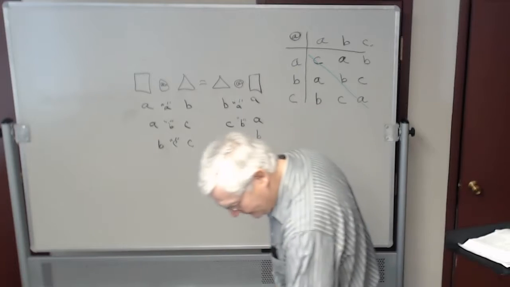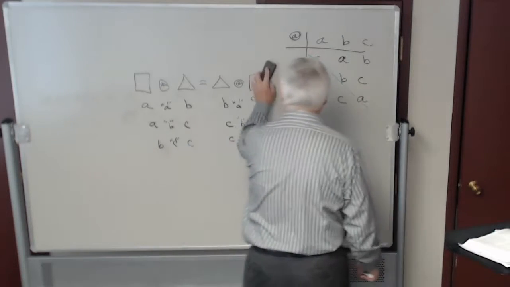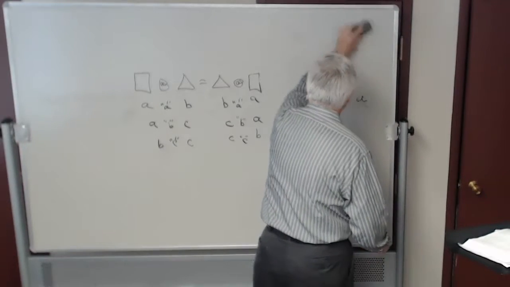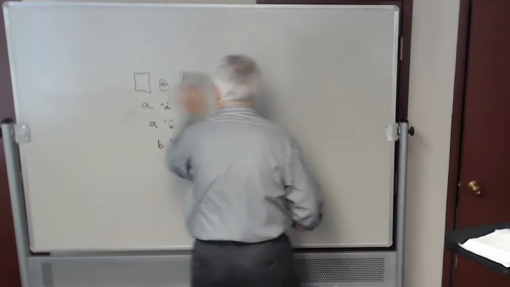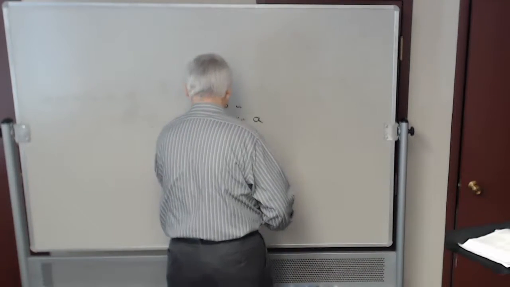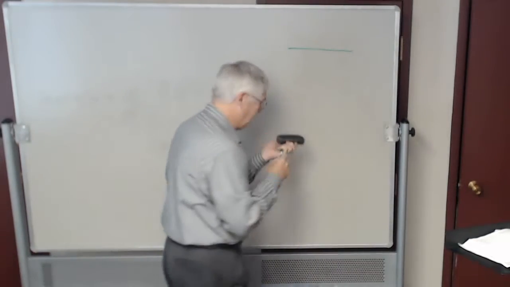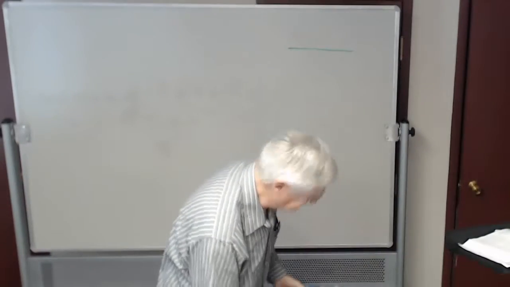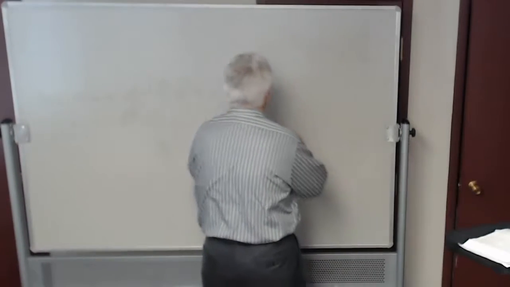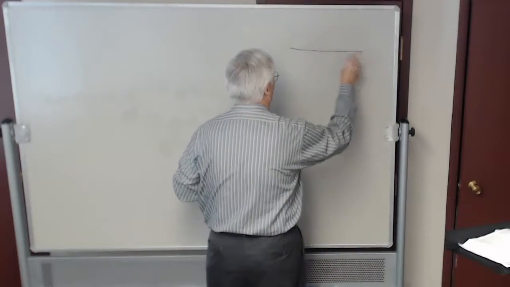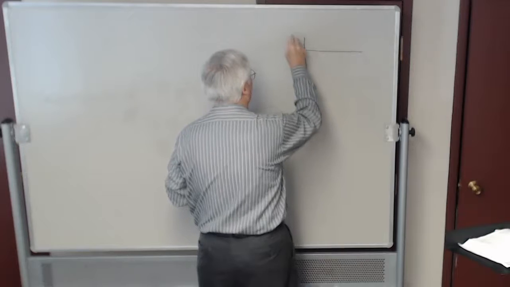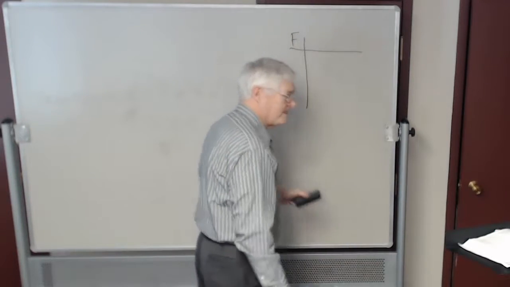Oh, we have to draw another picture. So we can erase this one and draw another picture. I'm going to draw it in black so it'll be easier to see on the video. And what's the operation?